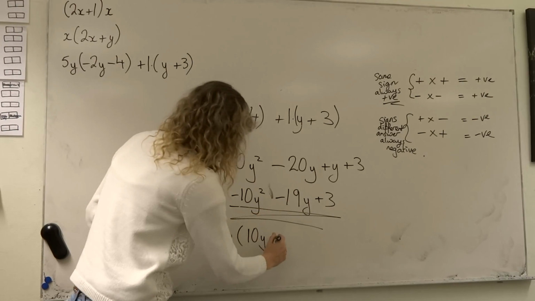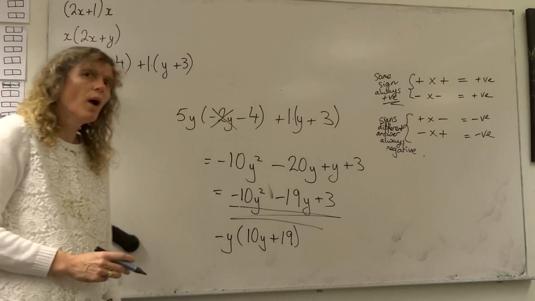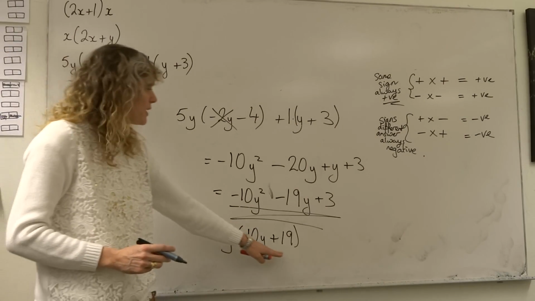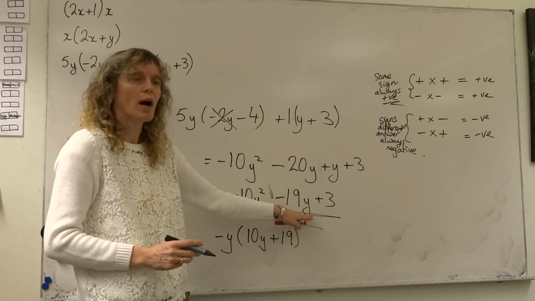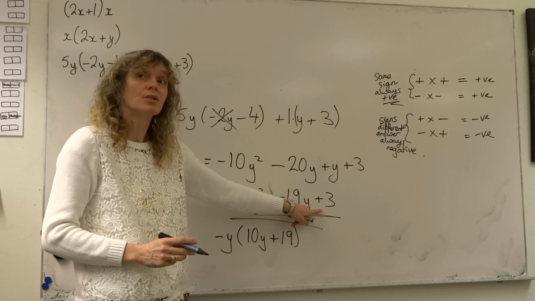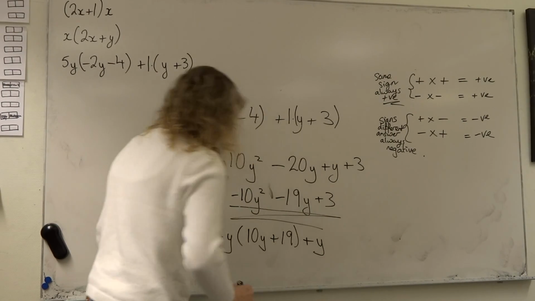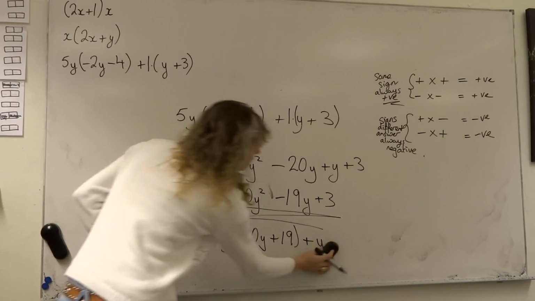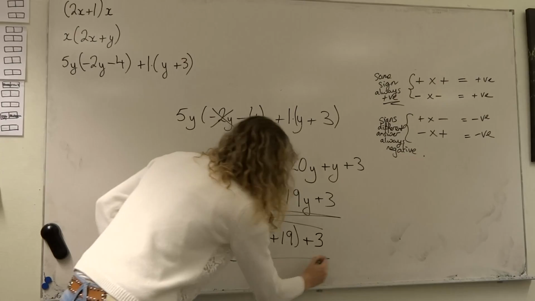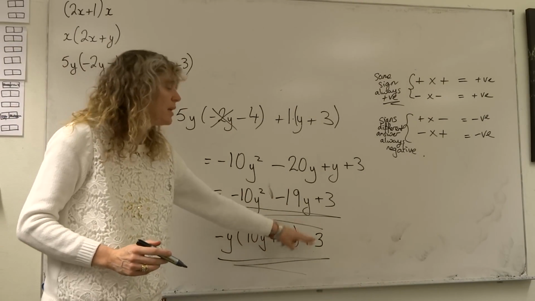And here we would have plus 19. Why would we get plus 19? Because if we multiplied minus y times plus 19, we'd get minus 19y. Then our brackets have to finish, because this term has no y in it, so it can't be included in our brackets. So it would factorize back to this expression in the simplest form: minus y multiplied by 10y plus 19, plus 3.